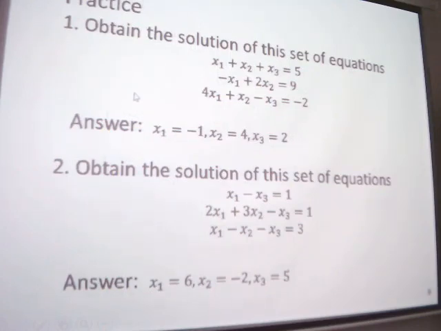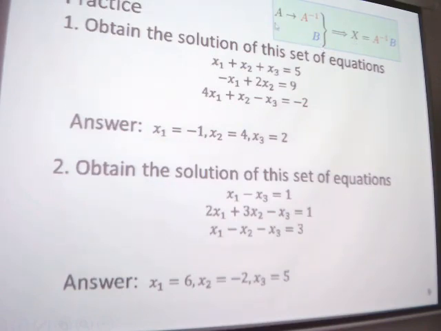Now here are 2 practice problems. Just try it. We need to use x equals A inverse times B. Our x is unknown, right?